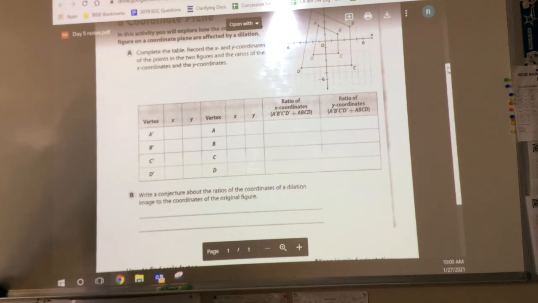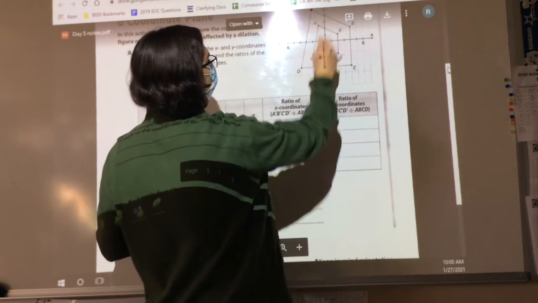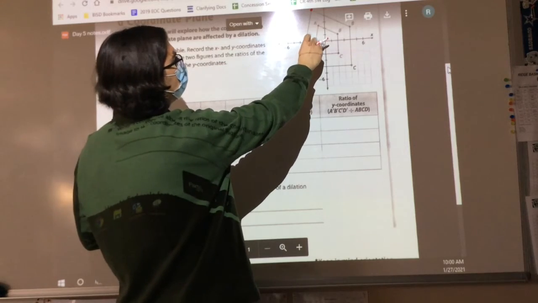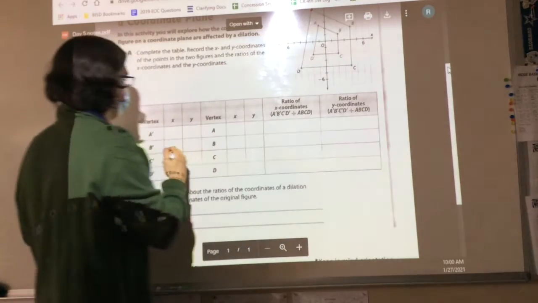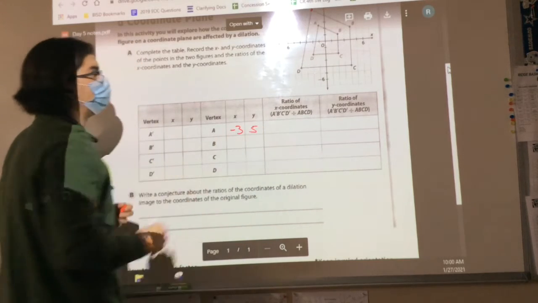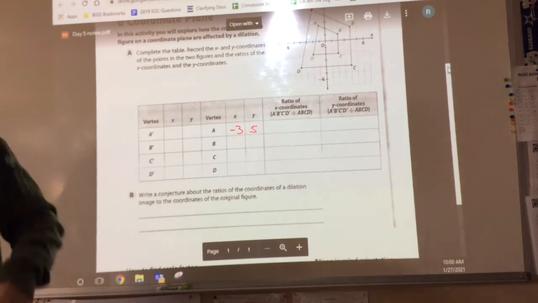All right, so I'm going to pick point A, which is right up here. I know we can't see it super well, that's my fault. It's going to be at negative 1, 2, 3, positive 1, 2, 3, 4, 5. So we're going to have negative 3, positive 5. We're all okay with that? And then I'm going to look for this next one, this A prime. I'm going to mark that one with a different color.